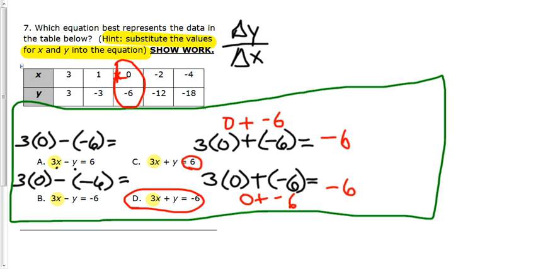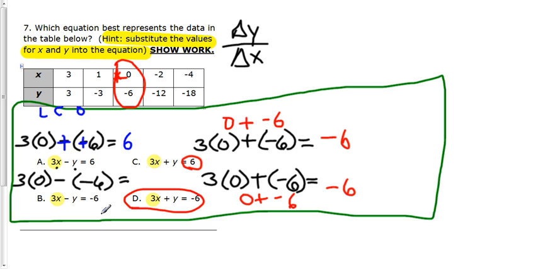But looking at choice A and choice B, for those of you who want to know, on this one it's not straightforward. We actually have to do our leave, change, opposite. So 3 times 0 might be 0, but this is going to change to an addition, and this negative 6 now becomes a positive 6. So 3 times 0 is 0, plus 6 does give me a positive 6.